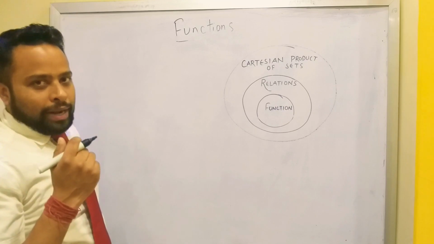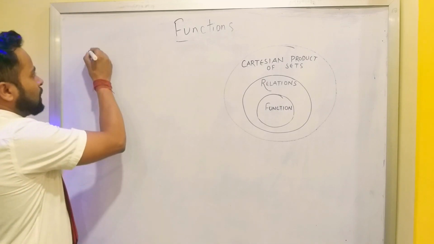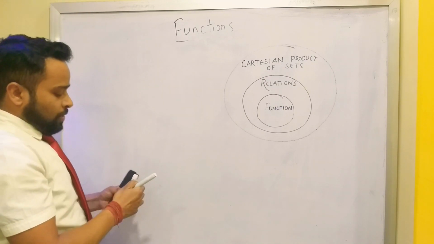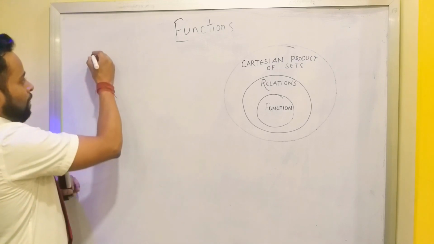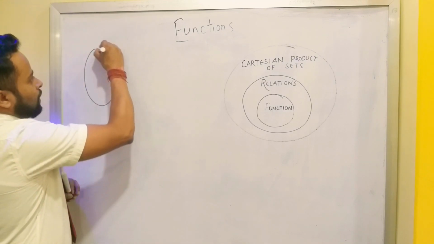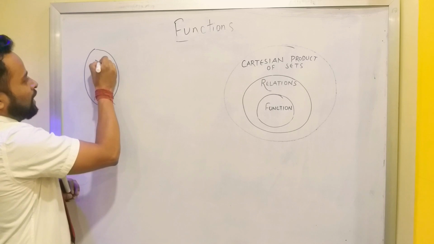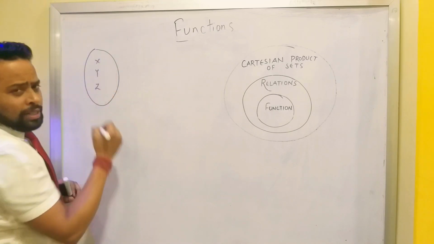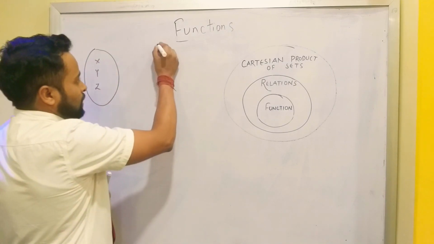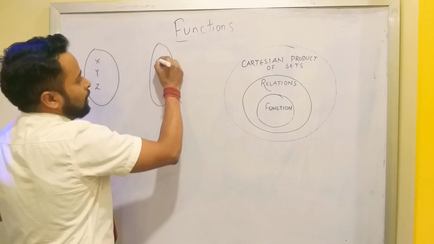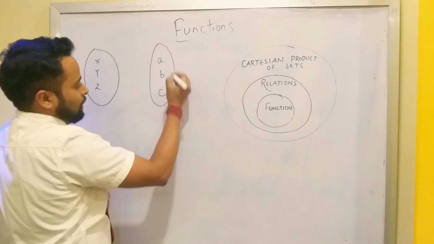I'll use an arrow diagram. Say I have a set A with elements x, y, and z, and another set B with elements a, b, c.